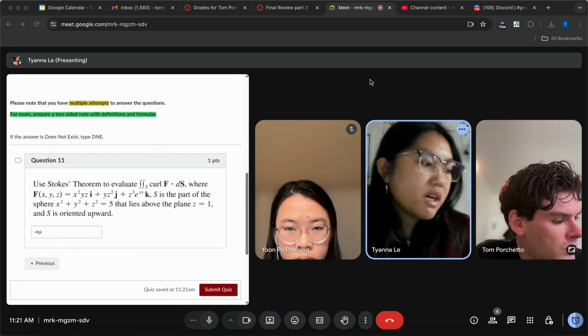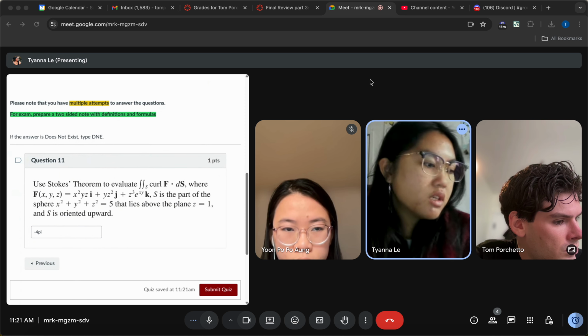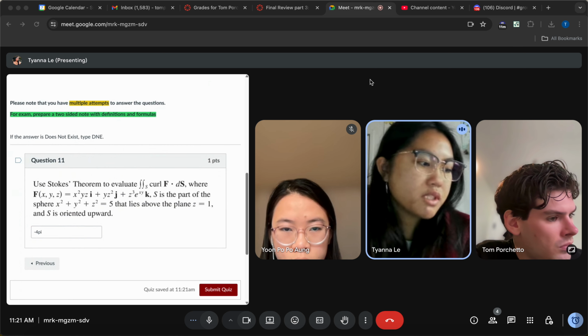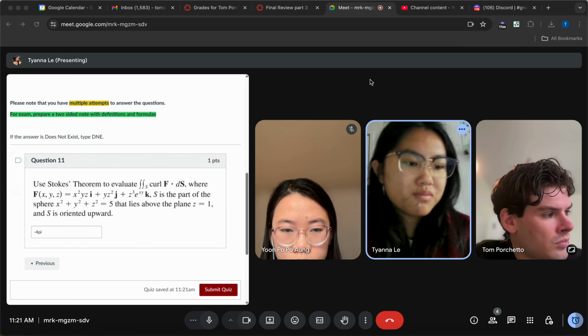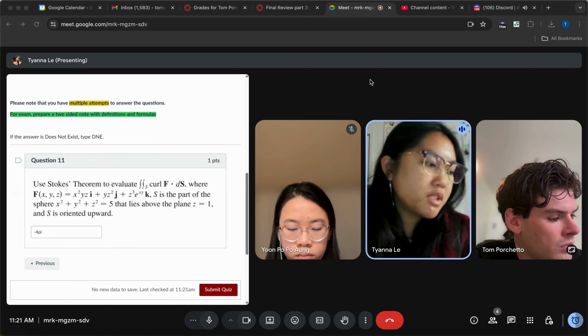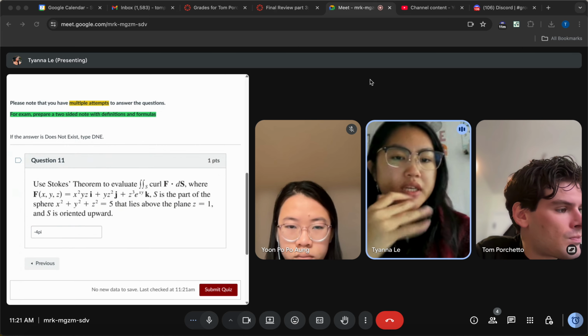The boundary of S is formed by the intersection with the plane z equals 1. Since z equals 1, you can plug it into x squared plus y squared plus z squared equals 5 and turn it into x squared plus y squared equals 4. So that means the boundary is just a circle of radius 2 in the plane z equals 1.